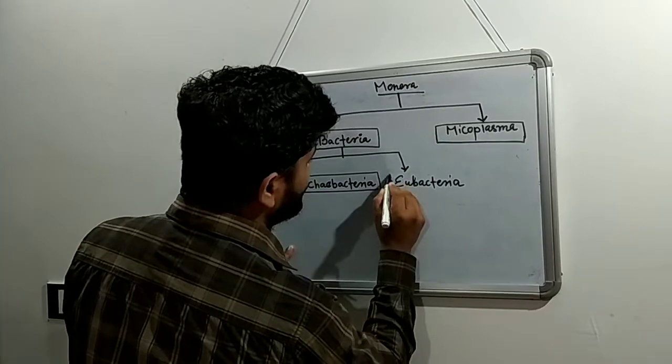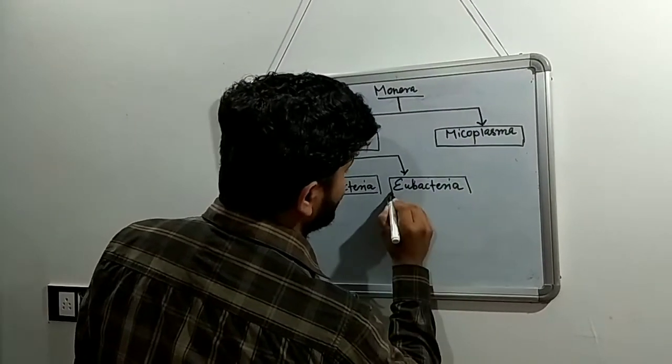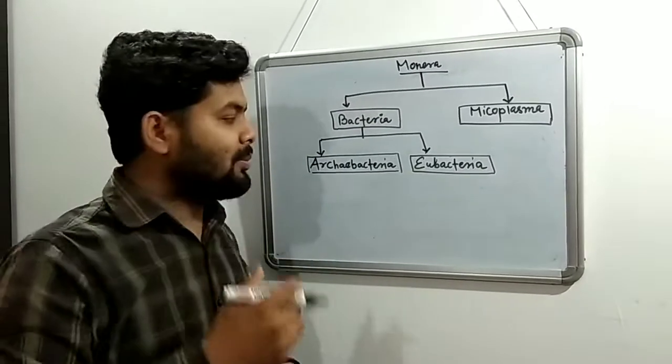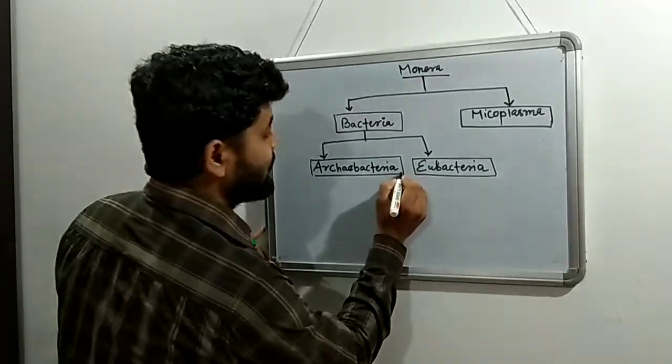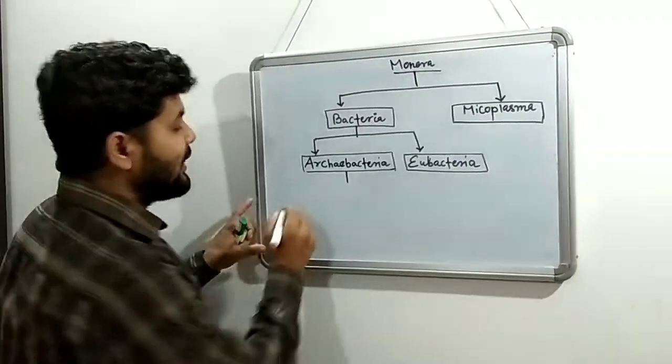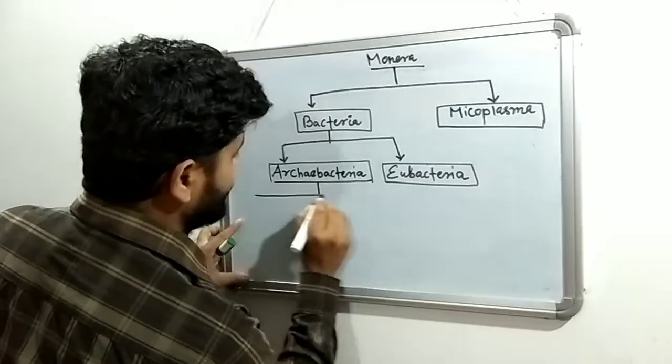Archaebacteria are those with ancient origin. That means they originated in very primitive stages. Archaebacteria are again divided into 3 types.